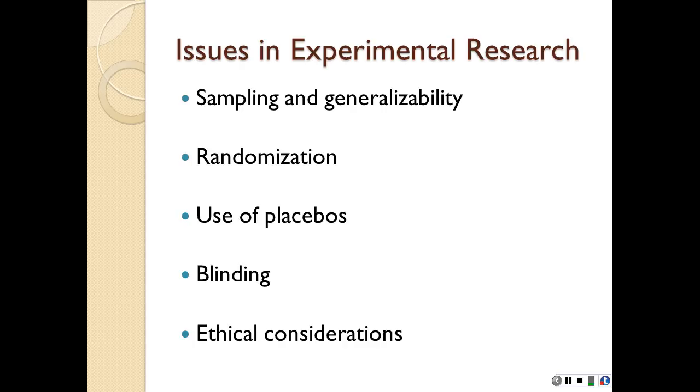But in general, there are some ethical considerations that come up with experimental research that you don't have in observational research, because you can't give somebody something that you think is going to be harmful. So we wouldn't be able to randomize. If we were interested in the effects of smoking, we couldn't randomly assign a group of people to smoke and a group of people to not smoke, because we know that smoking is harmful.